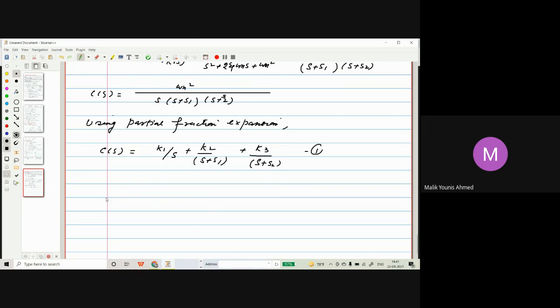You know how to find these constants; I am not calculating them, you need to do it yourself.